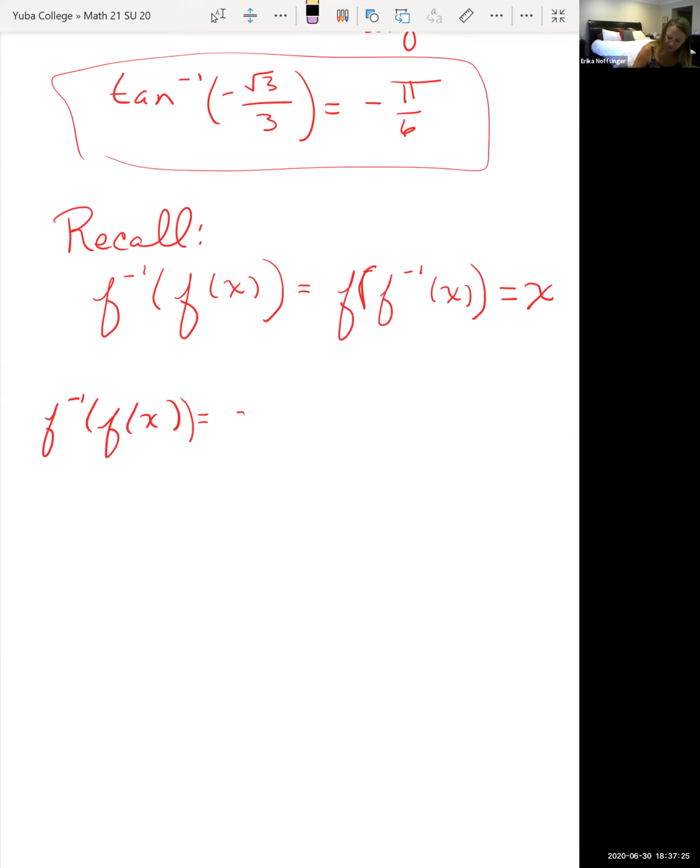Where if it was f of f inverse of x, which is cosine of cosine inverse of x, well, the domain of cosine inverse of x is between negative 1 and 1.